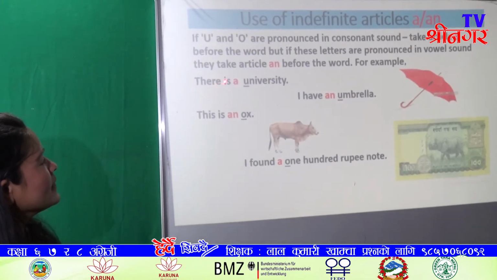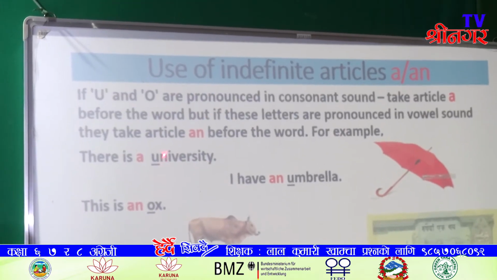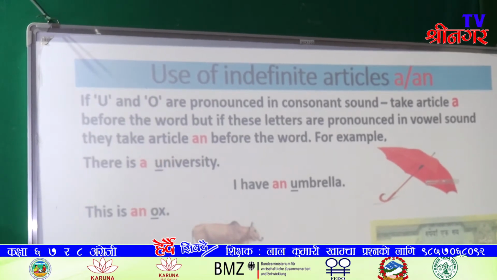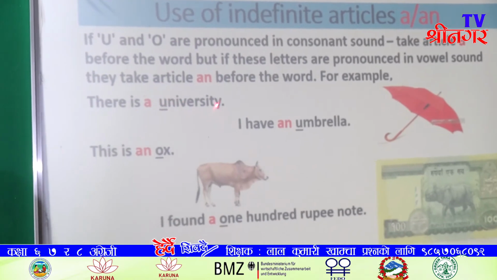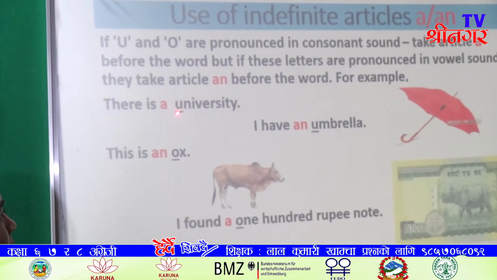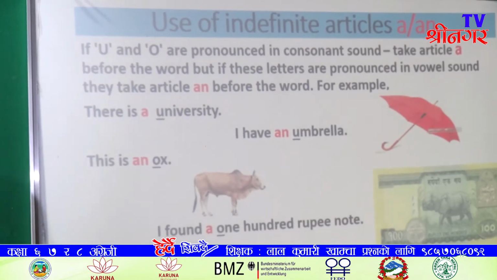In the first sentence, there is "a university", and you know U is a vowel letter. But we pronounce this vowel letter as a consonant sound.